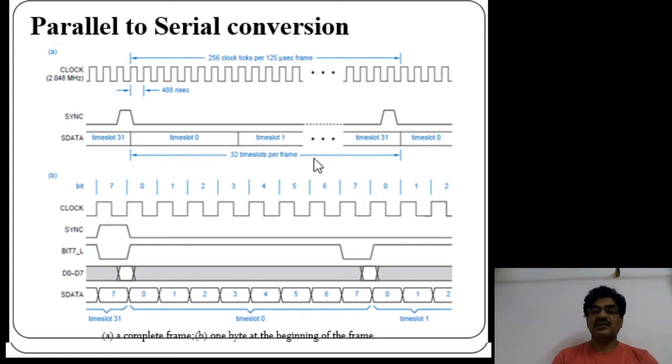So in one frame, 256 bits can be transmitted from source to destination. When the frame, or time slot 0, starts, that is indicated by the sync pulse. That is the purpose of the sync. For every frame one sync pulse is generated.